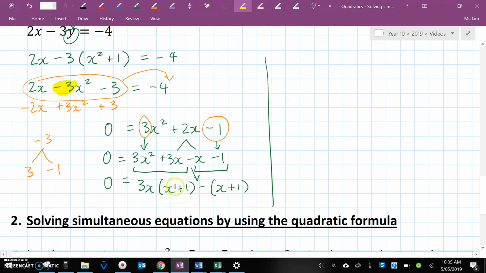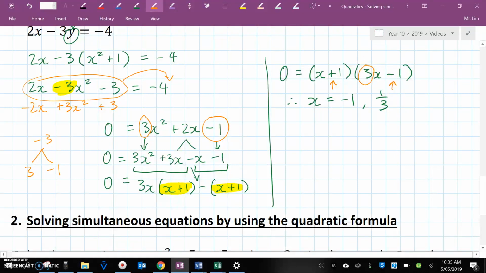They both have x plus 1, so we're going to bring that out to the front. What's left over is 3x minus 1. Therefore, x is equal to minus 1 and positive 1 over 3. Opposite sign over the coefficient.